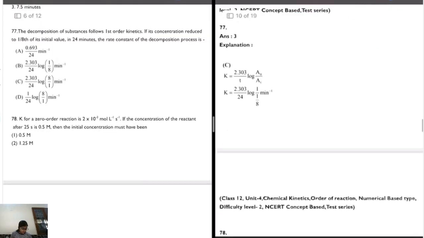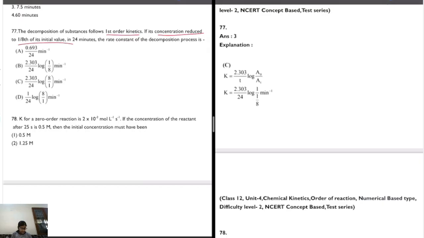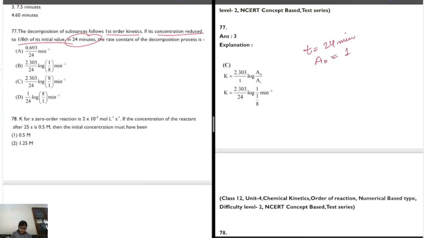In the next question, the decomposition of a substance follows first order kinetics. If its concentration is reduced to 1/8 of the initial value in 24 minutes. See, time is given to be 24 minutes. And let us consider A naught, the initial concentration, to be 1. And the final concentration would be 1 by 8.